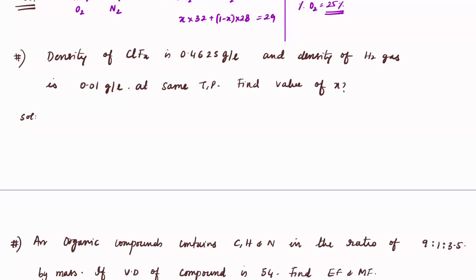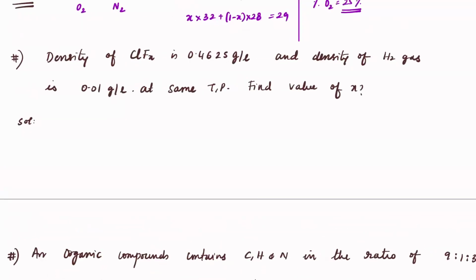So check it out. What do we have here? Vapor density of a gas can be written as density of the gas divided by reference density. In this case, it is hydrogen. And that is the same as molar mass of the gas upon molar mass of hydrogen gas.